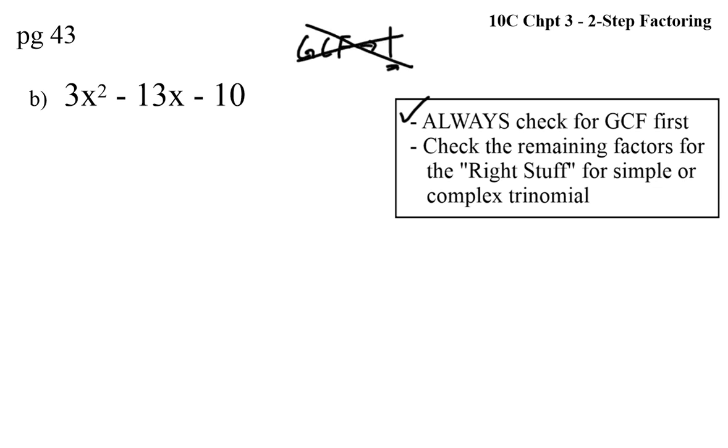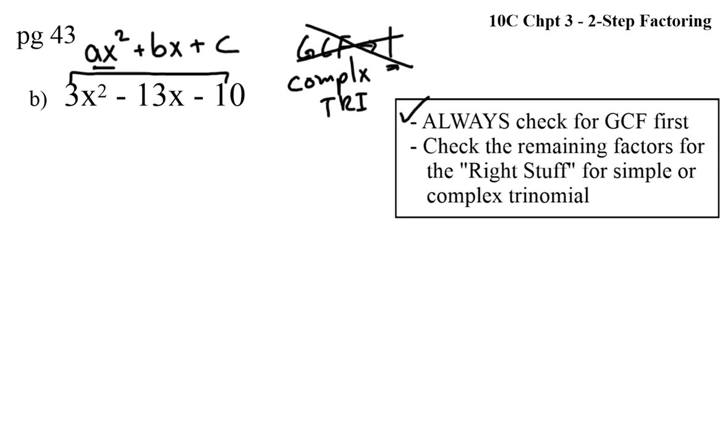What do we have? We have a something x squared with an x term with a constant. This time, because the x squared's not by itself, we have a complex trinomial and the decomposition process from the last video. Here we go with decomp then.